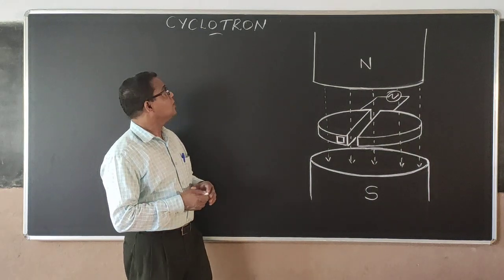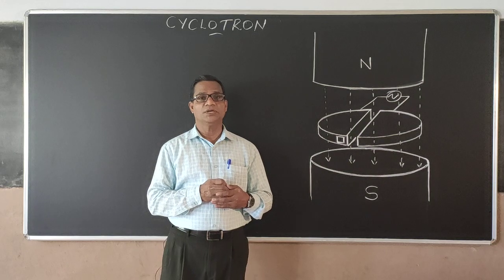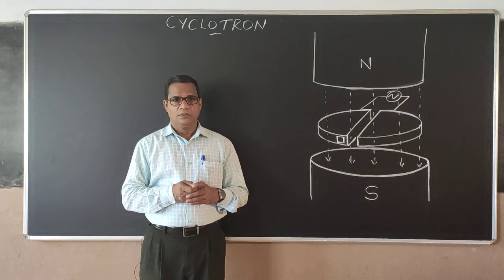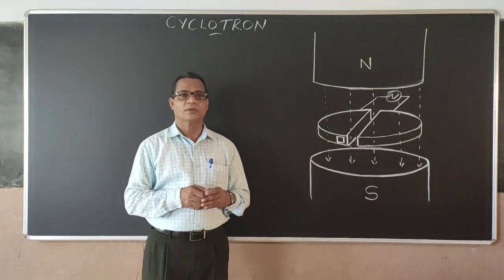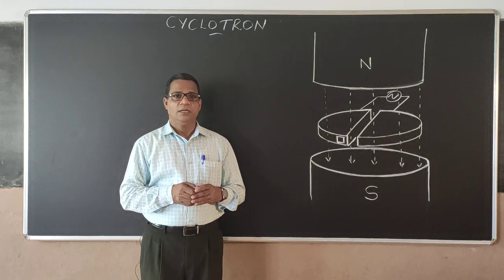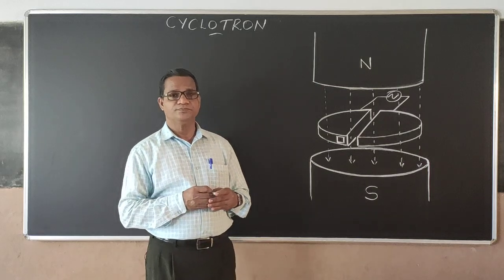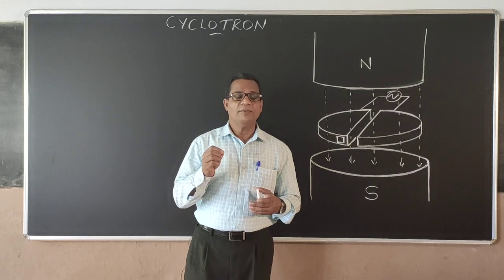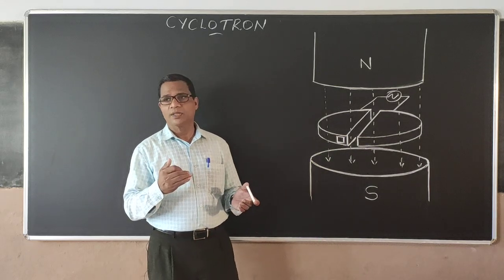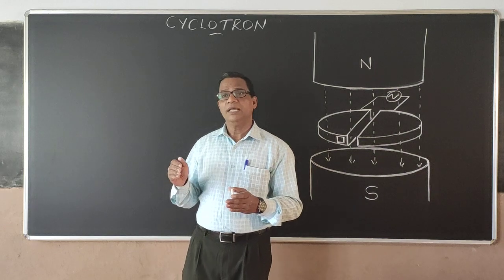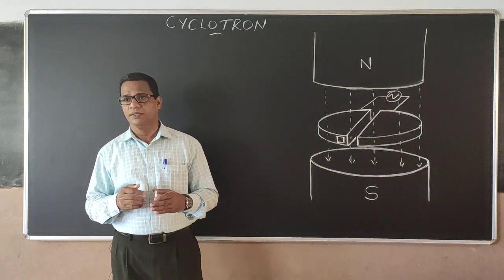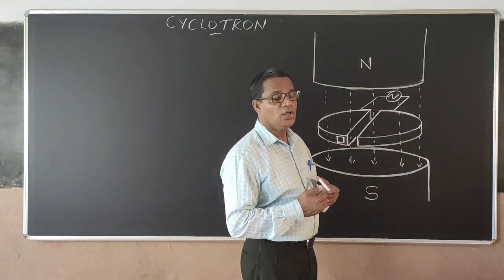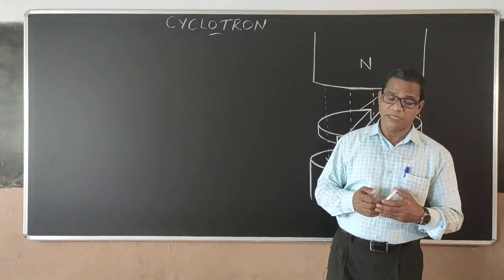Now let us see what's the principle behind the working of cyclotron. The principle is that a charged particle can be accelerated to high energy by making it pass through the same electric field again and again with the help of a uniform magnetic field.